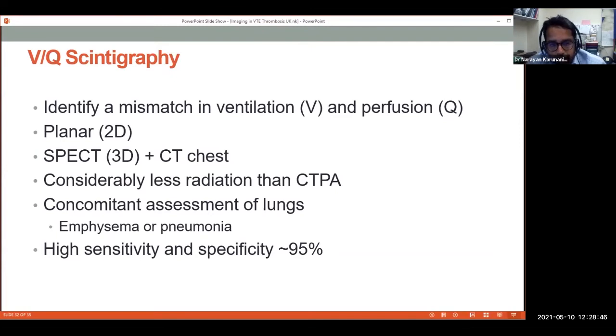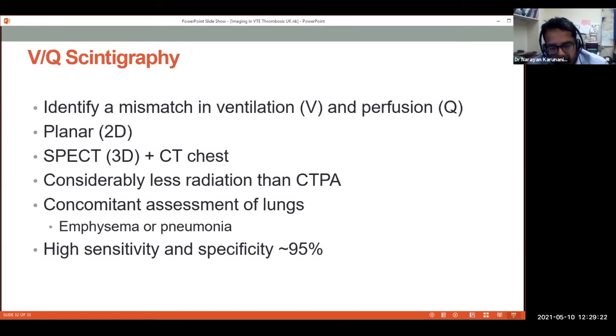So moving on from CT pulmonary angiography, like I said, ventilation perfusion scans have been around for a long time, but the more traditional way of doing it was planar 2D ventilation perfusion scans. And the newer scans are the SPECT CT scans, where it combines the ventilation perfusion maps with a CT scan of the chest, which gives us even greater spatial resolution, and which in turn gives us much better confidence in diagnosing pulmonary emboli.